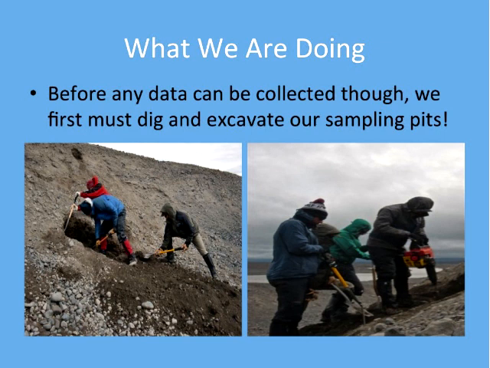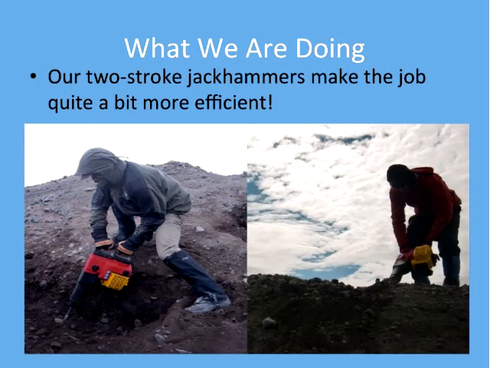So we do this manually quite a bit, and we have the help of some two-stroke jackhammers. Next slide, please. And the jackhammers make this job much more efficient by breaking the clasts in the till up, which can then be shoveled out to expose our excavation pits.